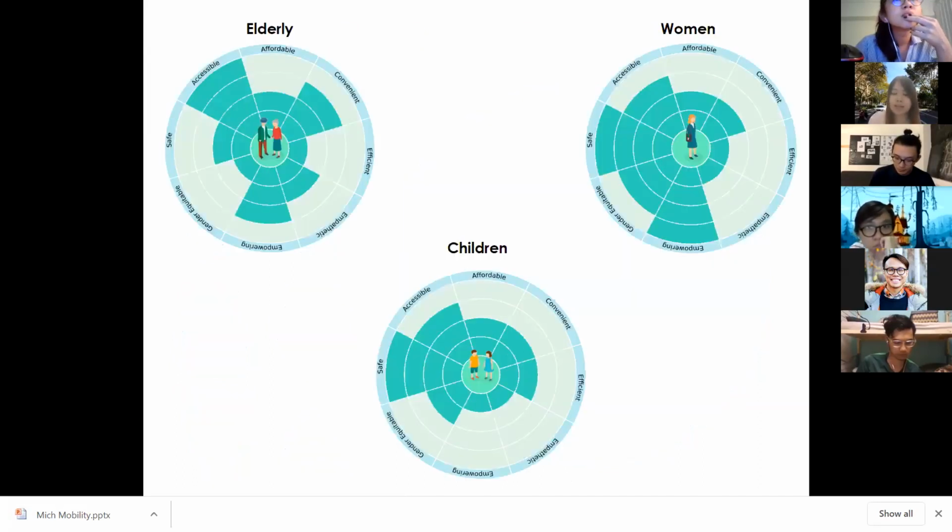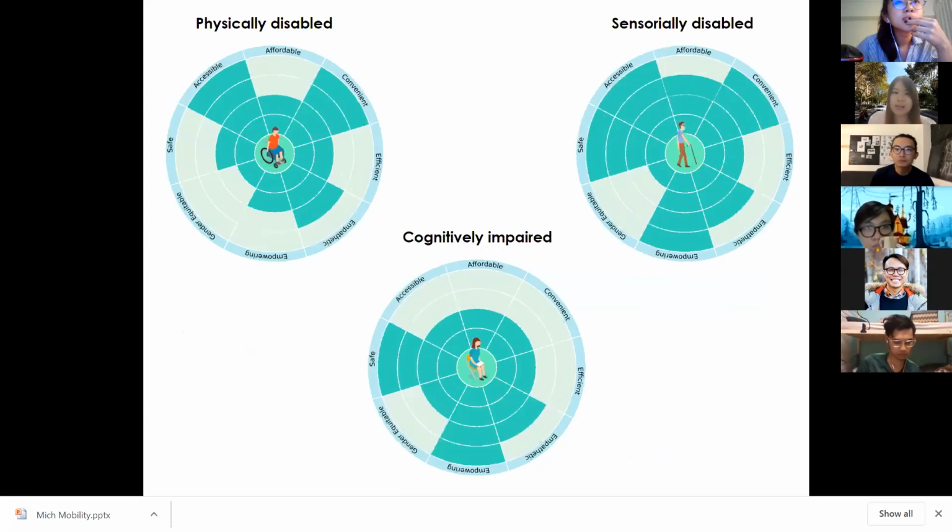So the user groups are quite important in this report as well. This is quite a common group, but I would like to point out that for disabled people, there are different types of disability, and people might overlook that and categorize them in one umbrella category.